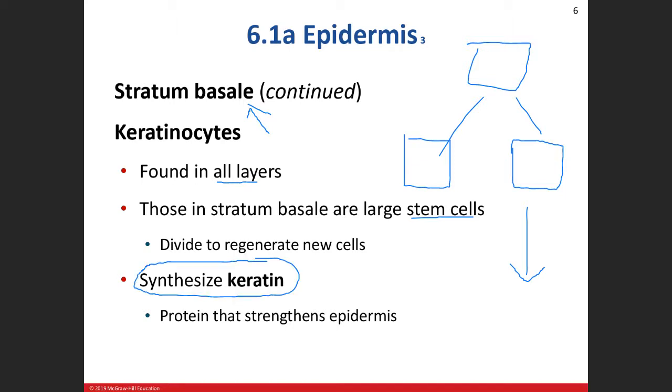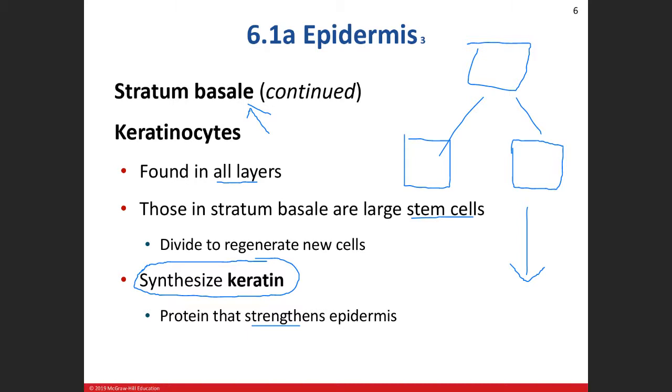The one that stays is going to divide again. So there's that keratin. Its job is to strengthen, build up the integrity of our epidermis. Good so far. We'll get into a little bit more detail on keratinocytes, but keep that in mind. They're the most abundant. Their job is to make keratin. Their job is to make our skin strong.